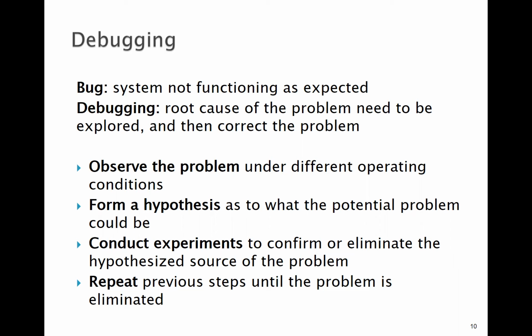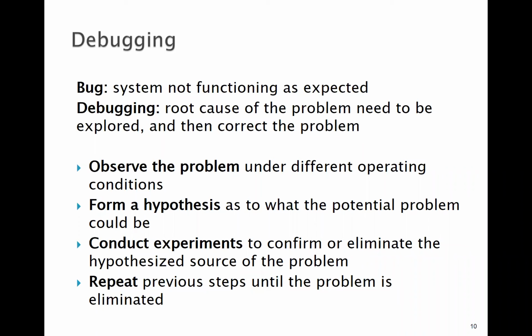So we simply first observe the problem, what the problem is, and try to understand how it occurs under different operating conditions. And then, based on this, we can form a hypothesis, and then perform some experiments to confirm or eliminate the hypothesized source of the problem.